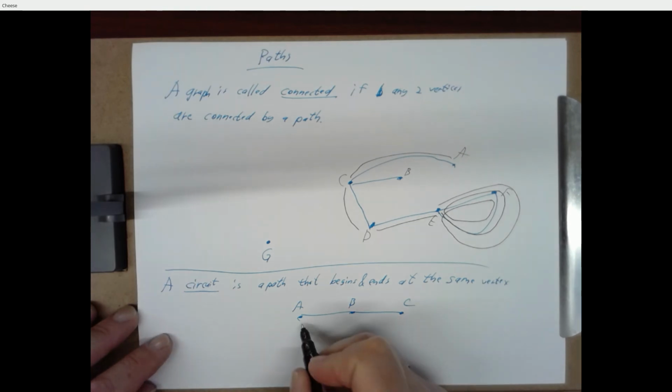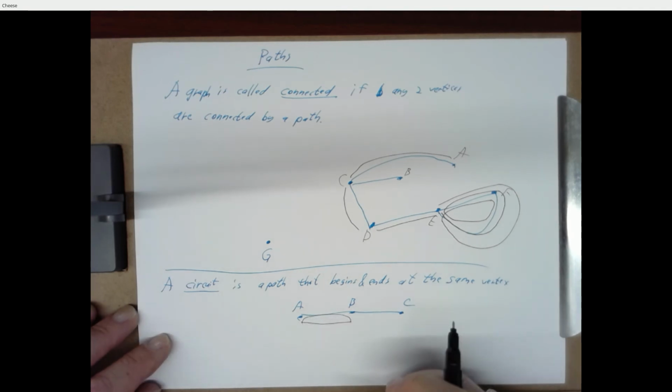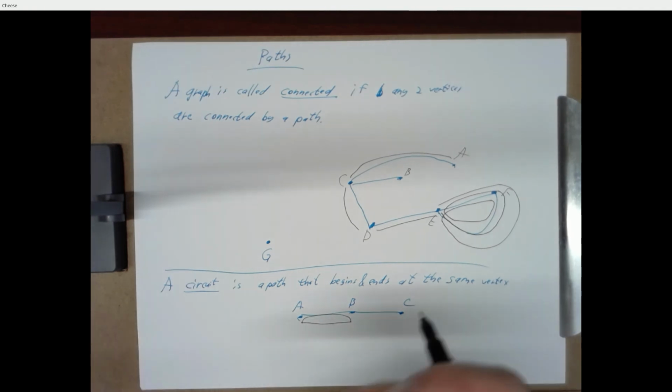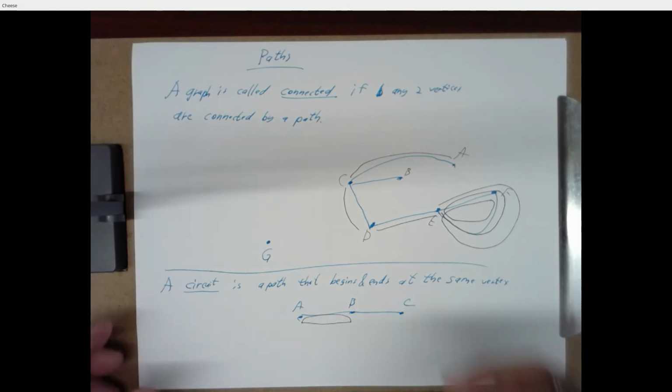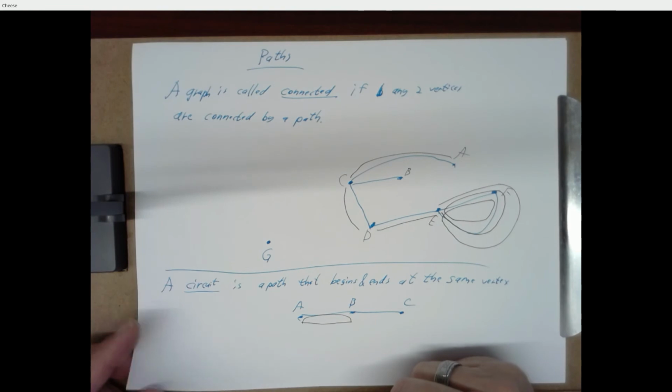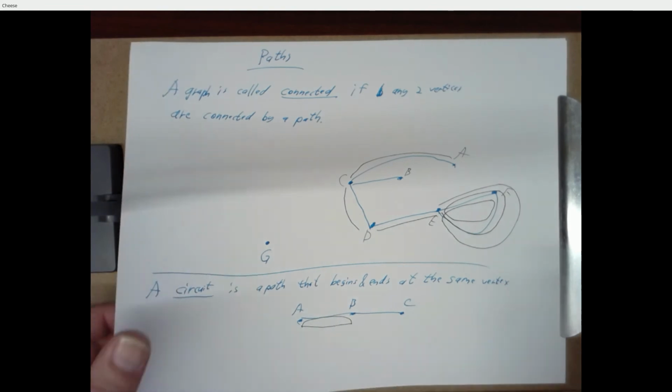For example, we go from A over to B and then back to A. But we're not really interested in that. That's kind of cheating. Okay, so we're mostly going to look at paths where we don't travel along an edge more than once. Okay, so that's going to be this idea of a simple path.